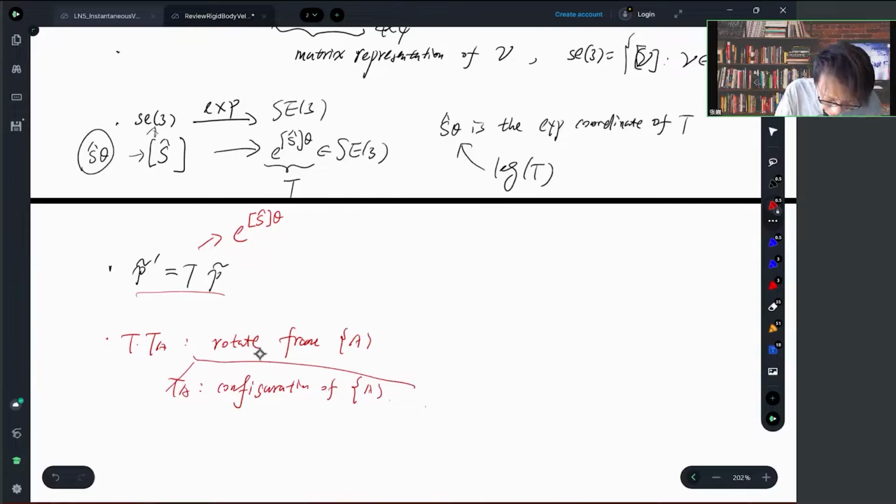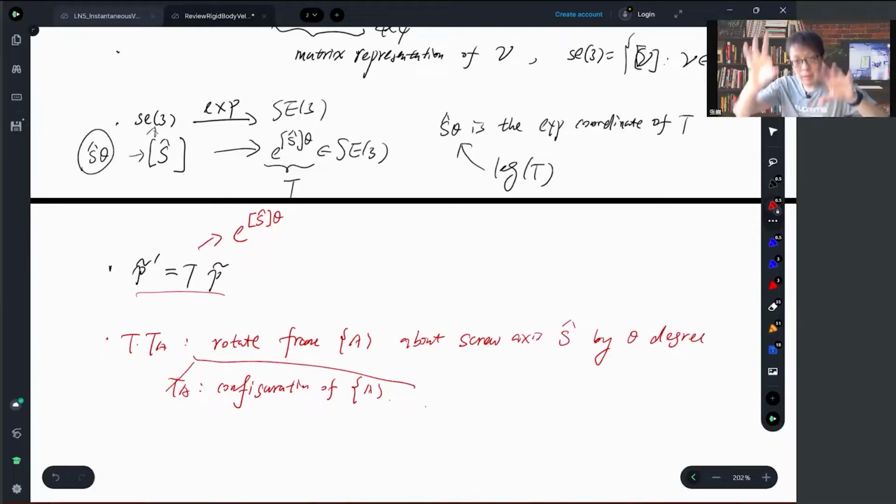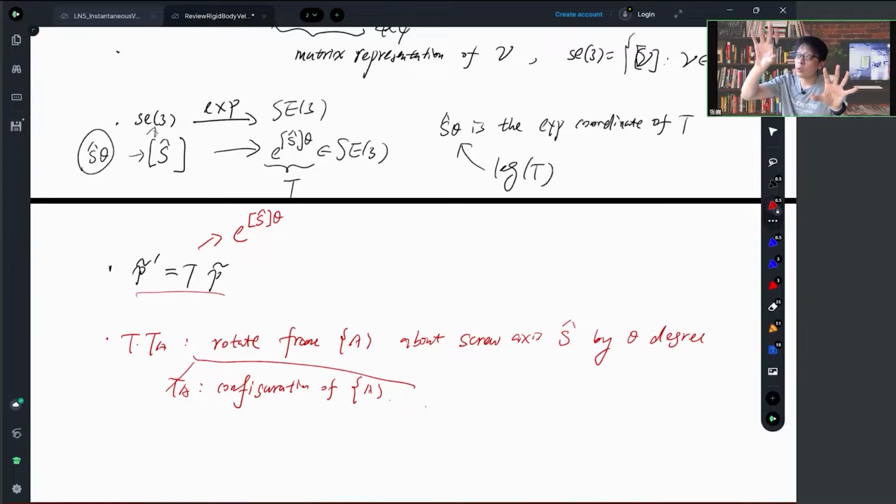Then this means rotate frame A about the screw axis, or apply the screw motion about the screw axis S hat by theta degree. You have a frame and you rotate about the axis, but it's a screw motion, not only a pure rotation. If they have a pitch, then you also move along that axis. That's what this means.